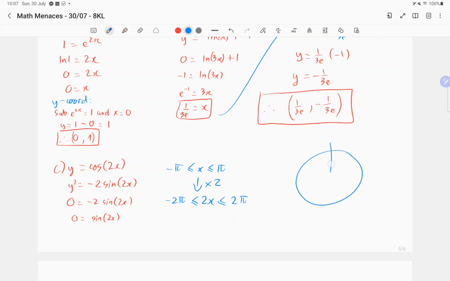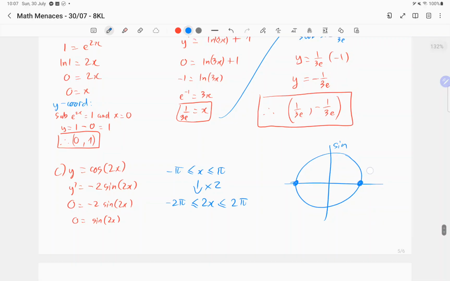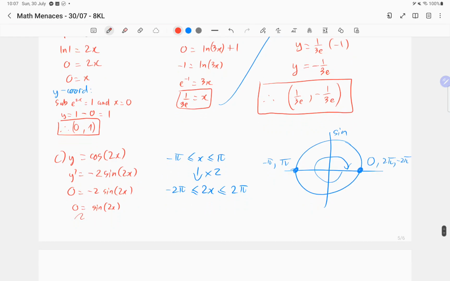If you're talking about sine equals 0, you're talking about this point and that point, right? This point will be 0 and this one will be pi. You'd have 0, pi and 2 pi for the positive one, and then for the negative ones, you just have negative pi and negative 2 pi.